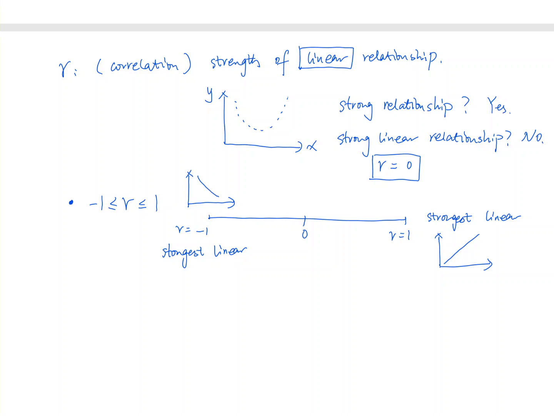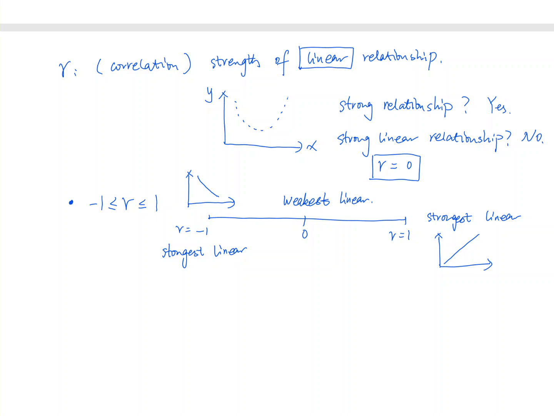Both of these two are strongest. This negative sign is just because of their directions. All right, and then in the middle, when r equals 0, we have the weakest linear relationship.